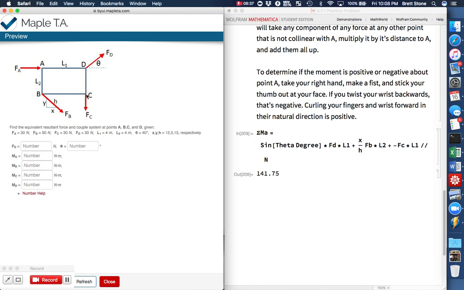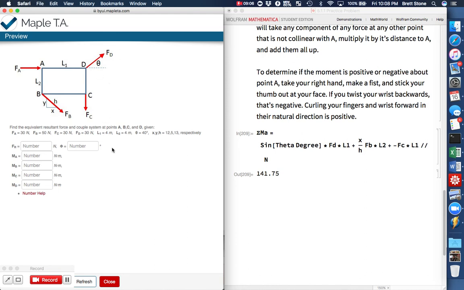So if you can imagine even just tying a rope from point C to point D, FC, as long as it's still the same magnitude, doesn't matter how far away it is in the Y direction, it's how far away it is in the X. That's the moment arm that we care about. So FC times L1 is going to be a moment about point A, but it's going to twist it the opposite direction.